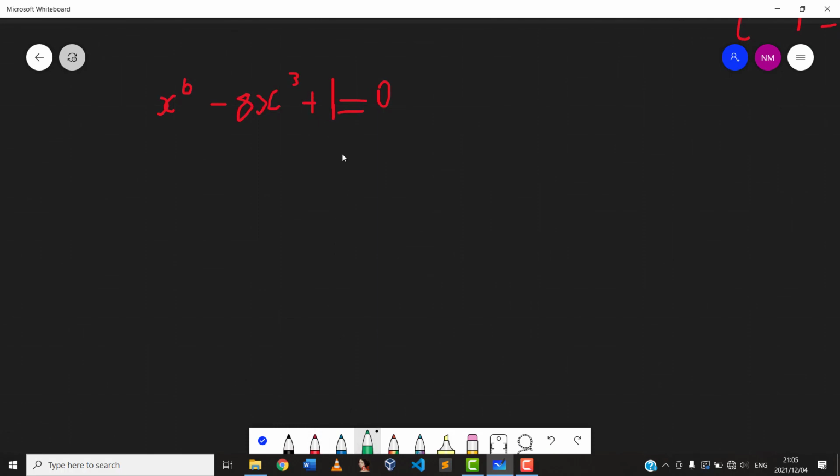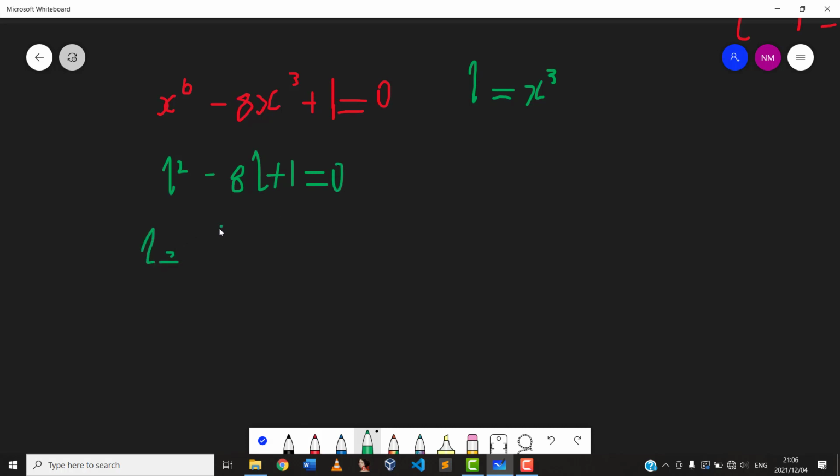So what would be most appropriate would be to say L equals x cubed. Now you can say L squared, because L squared equals x to the 3 squared, which is x to the 6. Okay, so L squared minus 8L plus 1 equals 0.